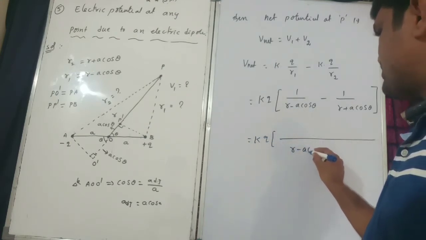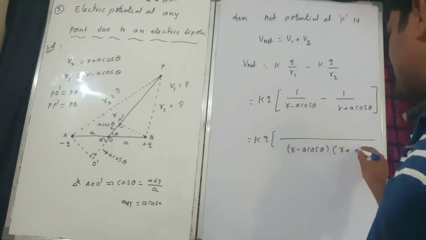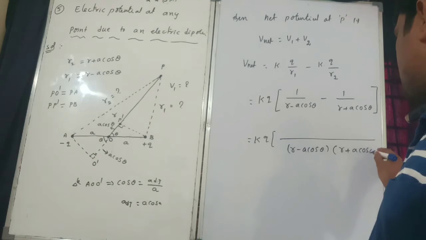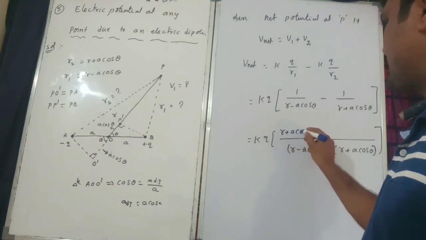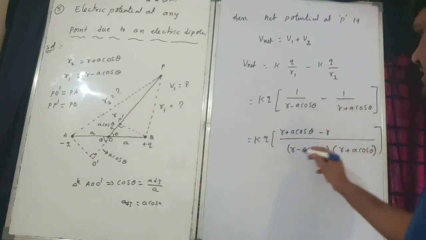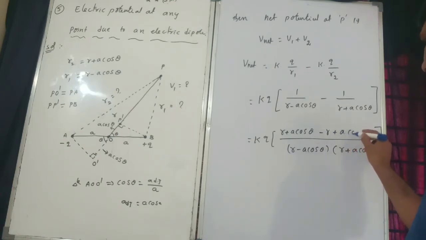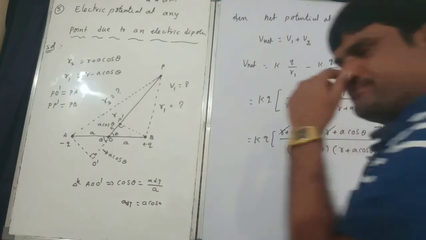(R minus A cos theta) and (R plus A cos theta). Then R plus A cos theta minus of plus minus, minus plus A cos theta. So minus R plus R get cancelled.